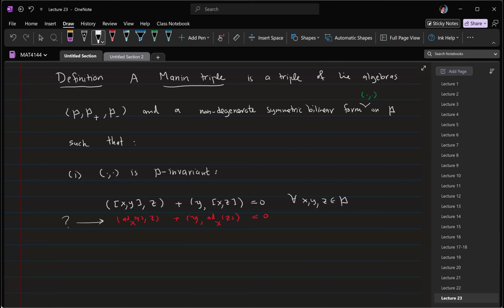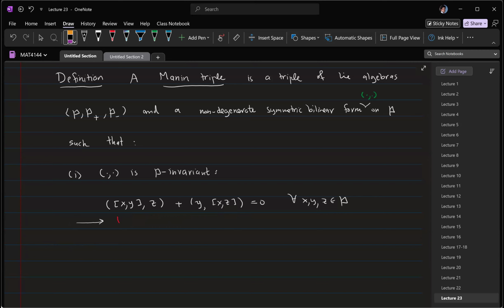The prototypical example of that is the Killing form on any Lie algebra, which is non-degenerate in the case of semisimple Lie algebras. How many of you have heard the name Killing form? It's not about killing anything. It's just the name of a German mathematician. All right, that's just for people who might have had some exposure to Lie algebras.